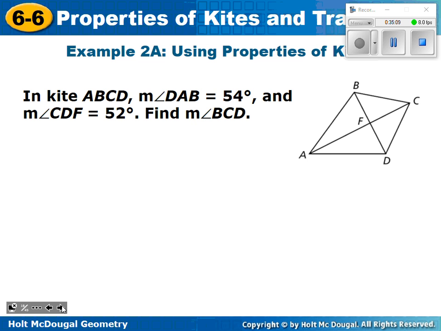But once again, if you're a kite, you are not a trapezoid and you are not an isosceles trapezoid. So they are not connected or touching at all. If you're a trapezoid, you are not a parallelogram. If you're a parallelogram, you are not a trapezoid. Does that make sense?